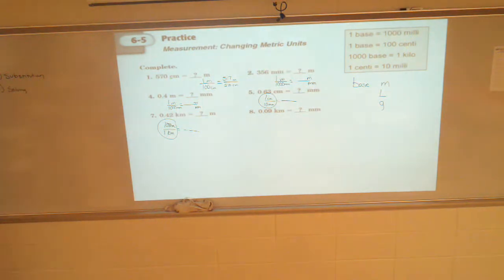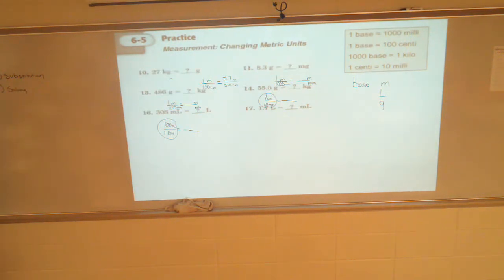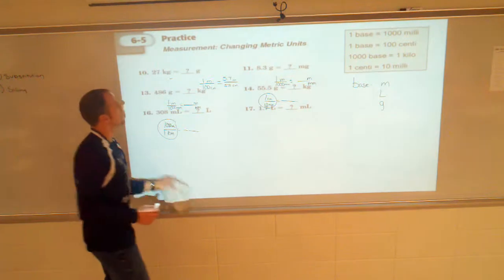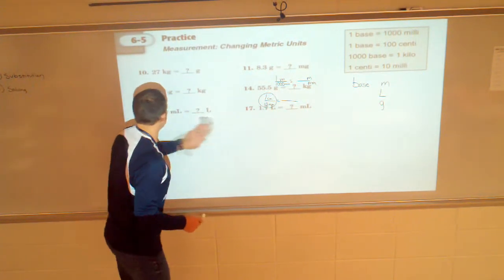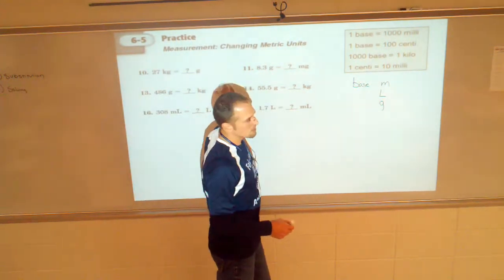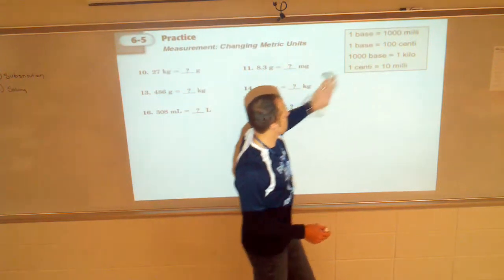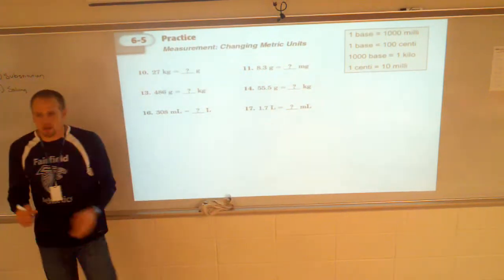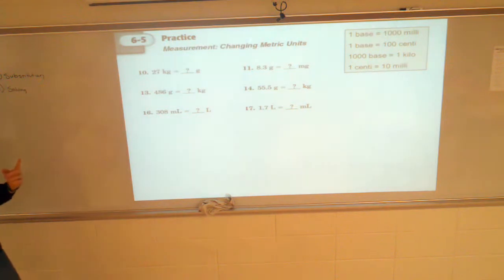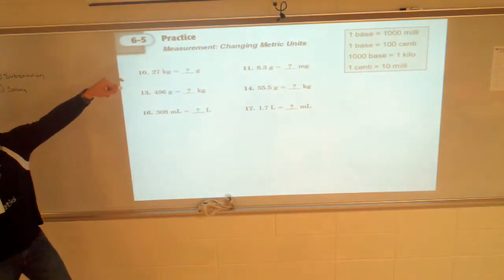All right, let's switch between meters and let's go to grams. Here's the nice thing about metrics. We just completely switched measuring units, and I don't have to change my rules at all.